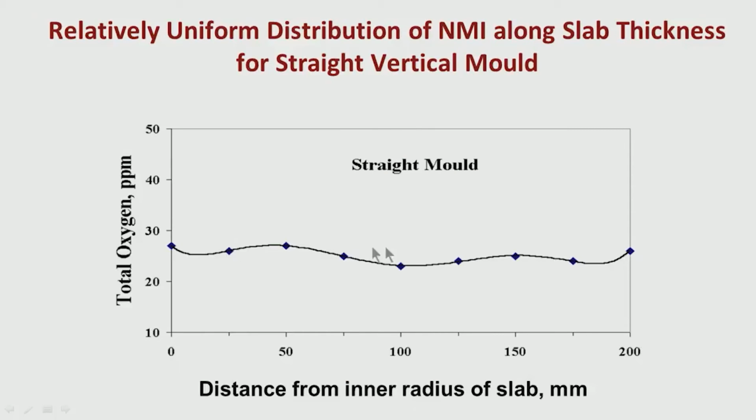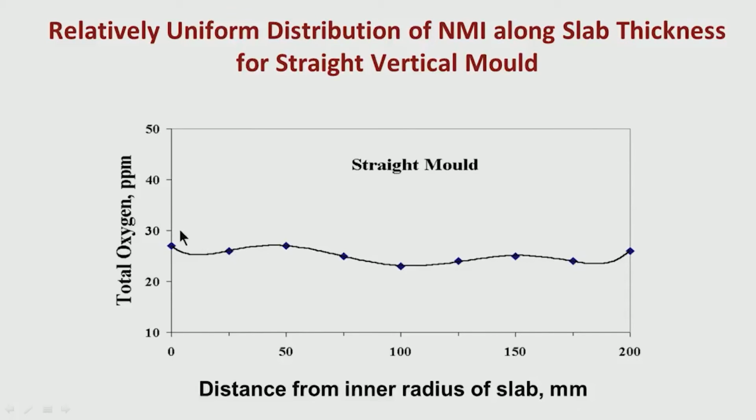I have taken samples at different thickness levels by drilling and then analyzed the total oxygen, assuming that the dissolved oxygen is relatively less, because in both the cases it was aluminum killed steel. So, the dissolved oxygen will be within 5 ppm.